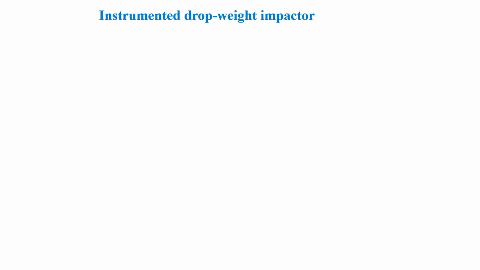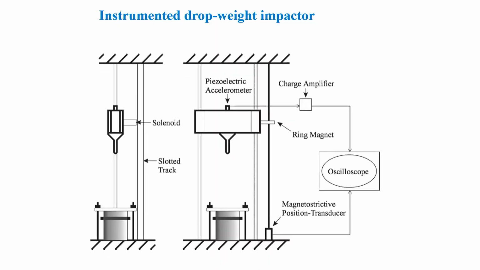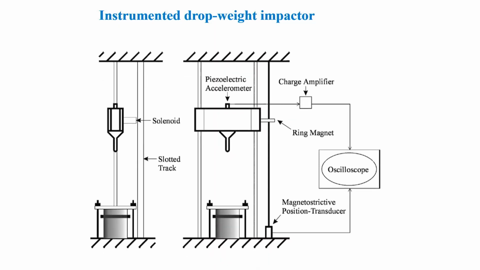This is the instrumented drop weight impactor, with a piezoelectric accelerometer, charge amplifier, and ring magnet. As soon as it is released, this impactor will free fall onto the specimen, and we measure the energy.